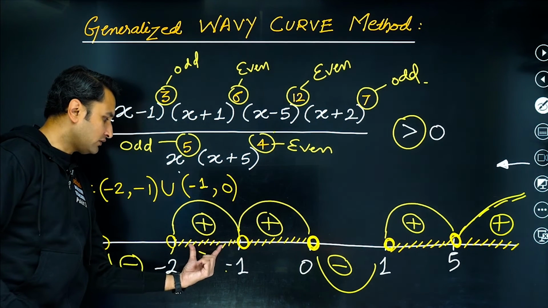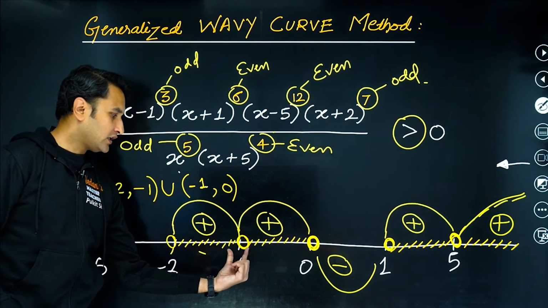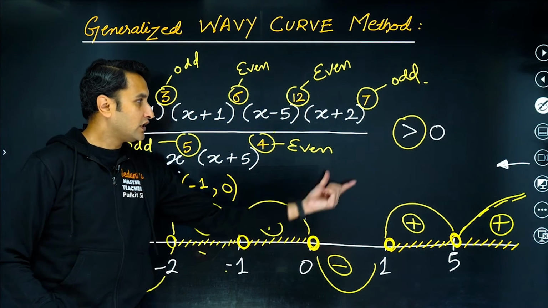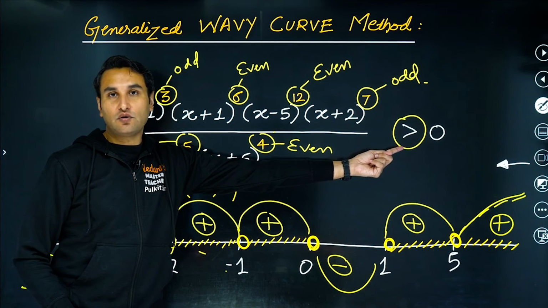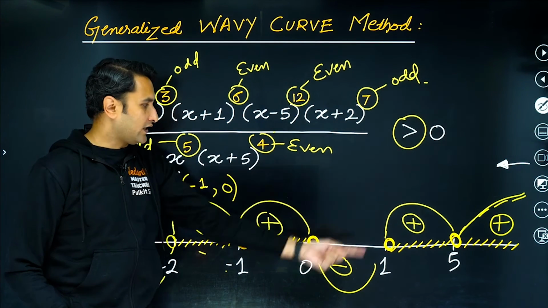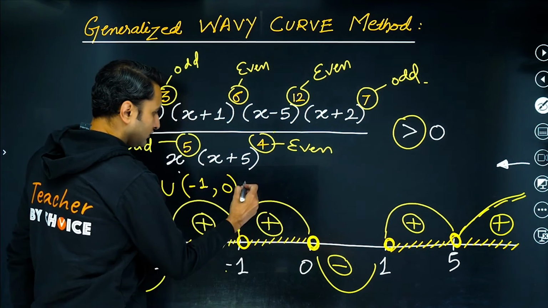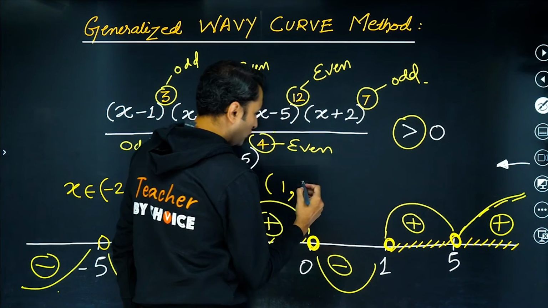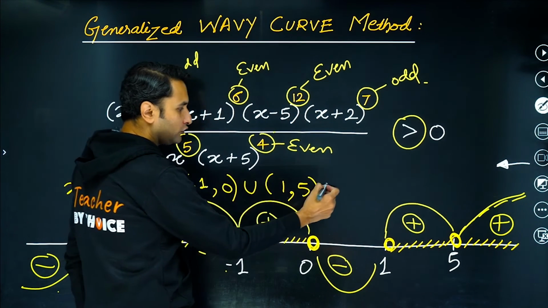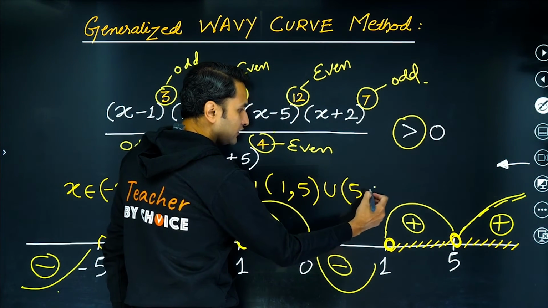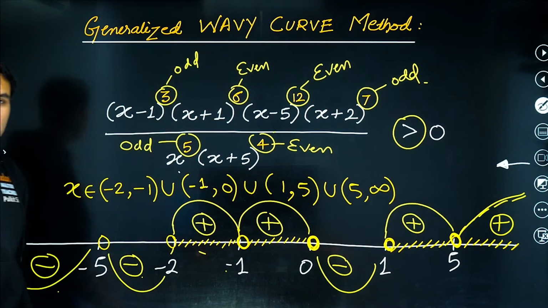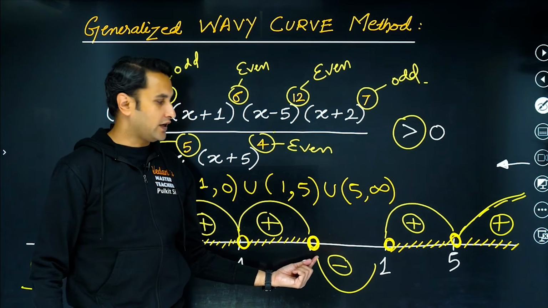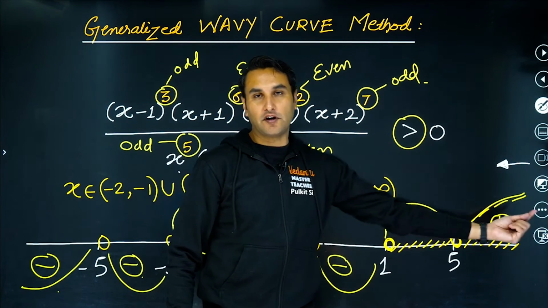You cannot include minus 1, minus 2 or 0, because it is greater than 0, not greater than or equal to 0. Then union 1 to 5, I cannot include 1, I cannot include 5, union 5 to infinity. It's a break journey. Minus 2 to minus 1, break, minus 1 to 0, break, 1 to 5, break, 5 to infinity.